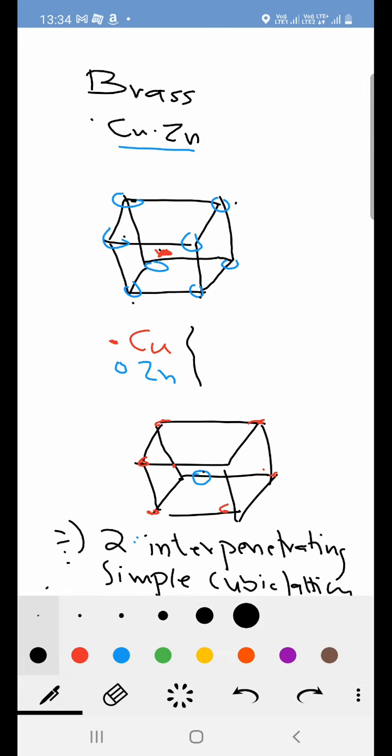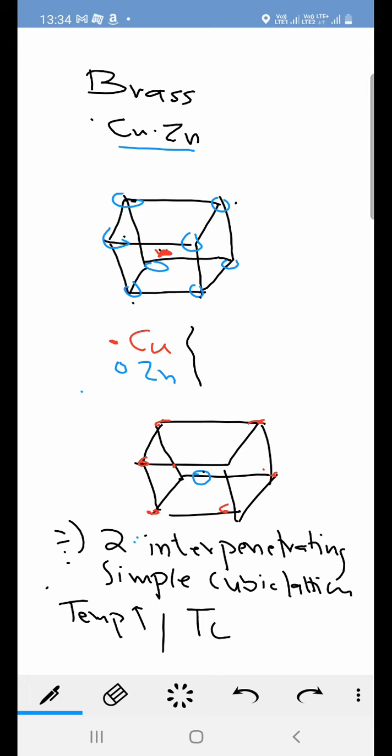For example, if we take an alloy of gold and copper, that means AuCu3, or platinum Cu3, or FeNi3. All these will show a similar structure with a similar lattice.